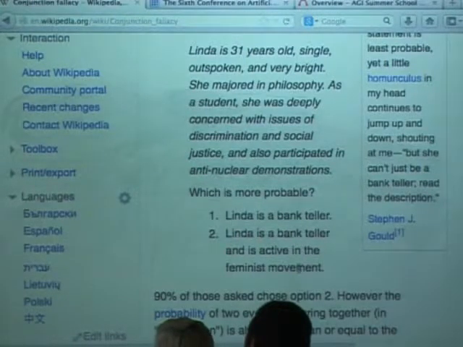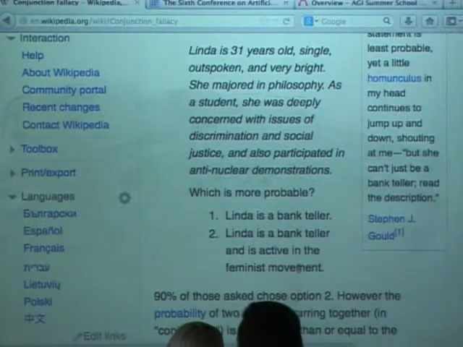Okay, it's impossible for this to be more likely than this. Because this depends on one condition, this one depends on 2 conditions. You add a second condition, you always make it less likely to be the case, if we are talking about the probability of that thing to be true.